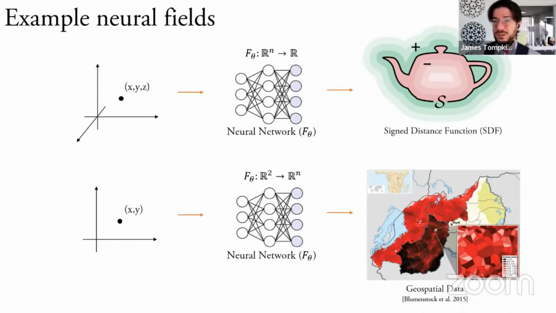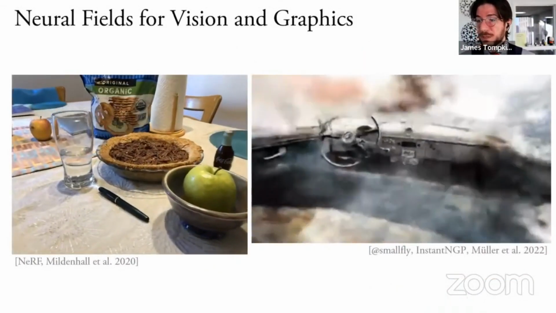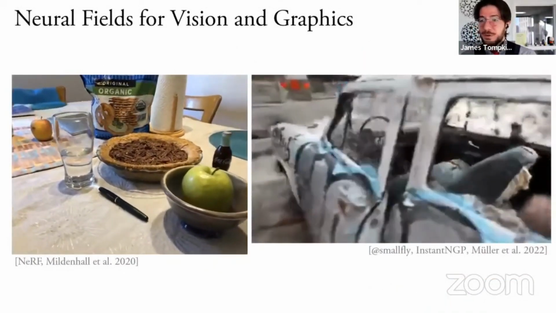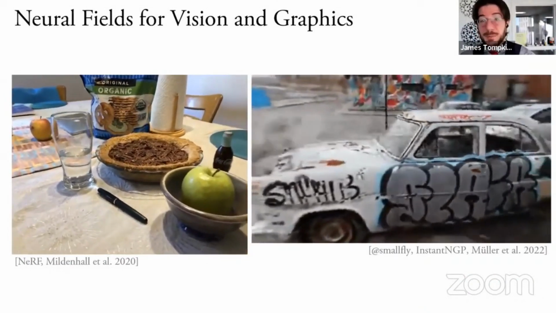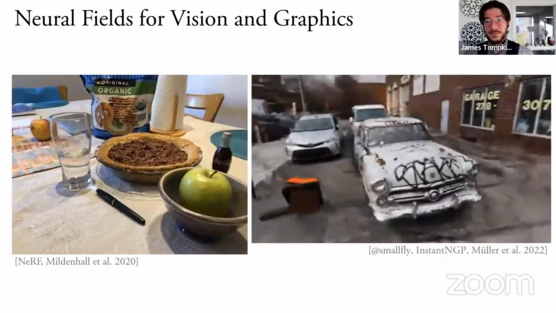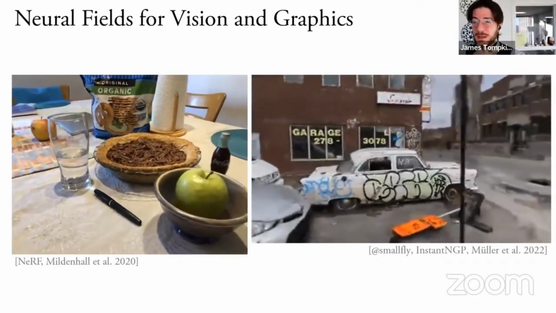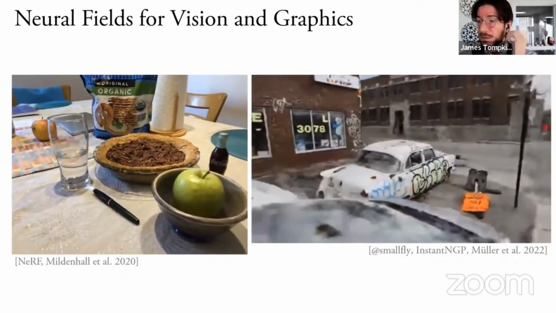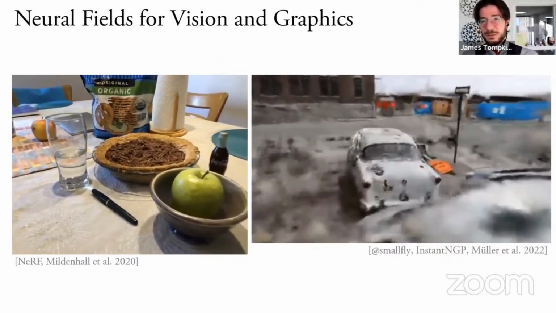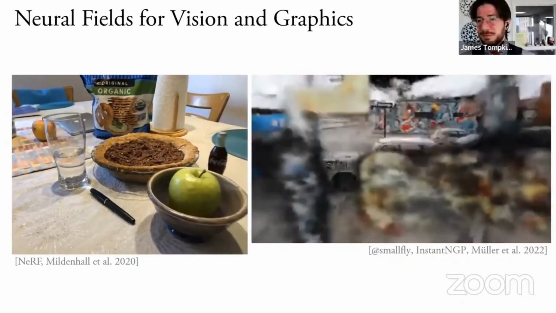This all started, this excitement, back in 2020, when Ben Mildenhall and colleagues released the neural radiance field paper and produced these amazing results like what we see on the left-hand side. And the radiance field there is the field of light. It also represents density, or how transmissive light is at each point in the volume.